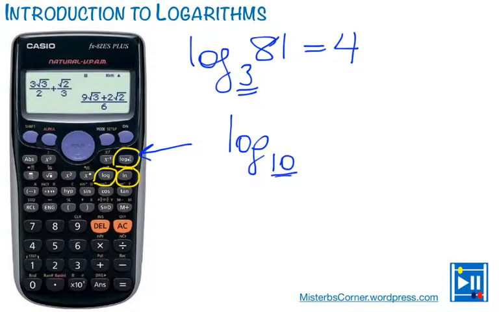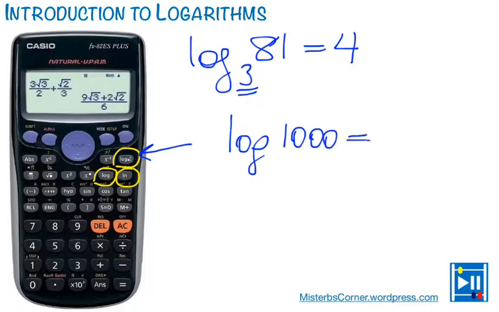We can just skip writing 10 and say log 1000, all right? If I write log 1000, this means log in base 10 of 1000.